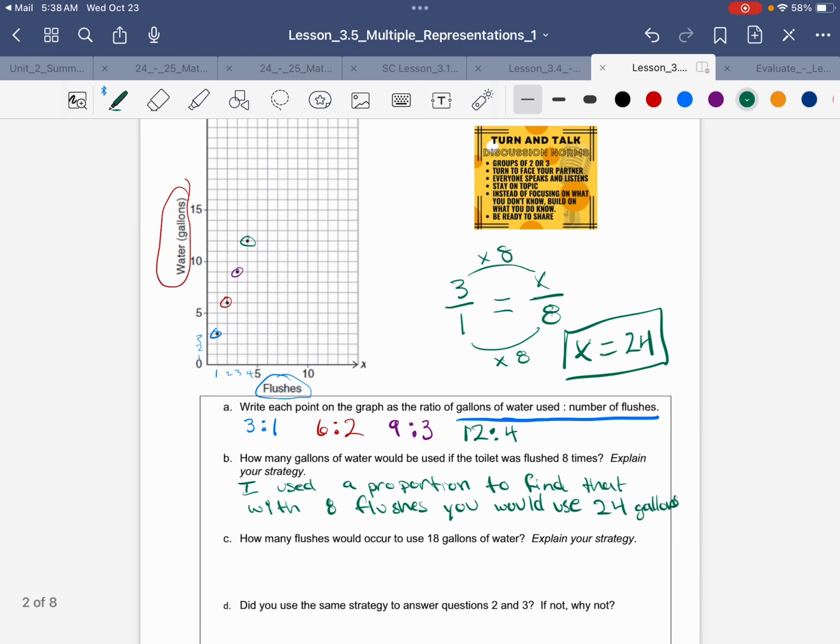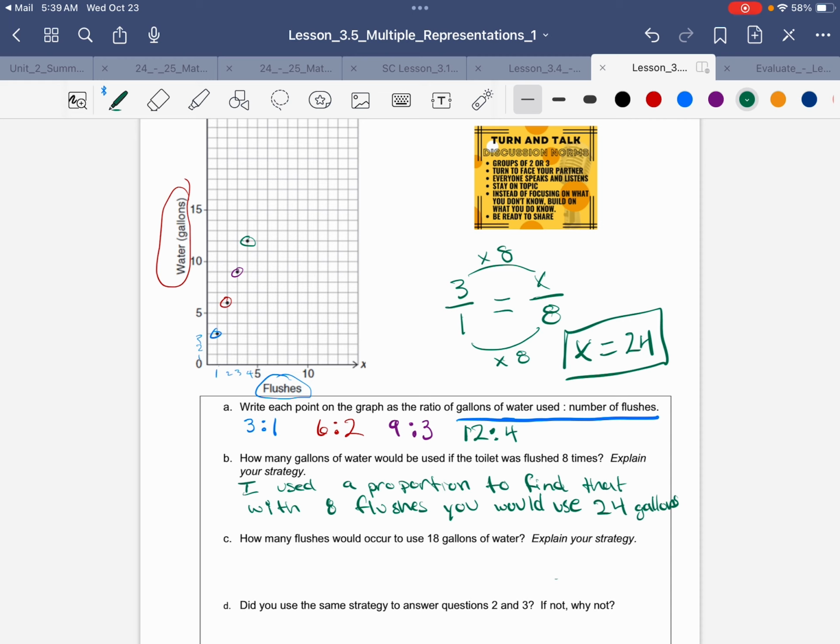It says how many flushes would occur to use 18 gallons. Okay, so we can also set up a similar proportion. Let's just do it over here. So 18 flushes. Oh no, 18 gallons, sorry, not flushes.